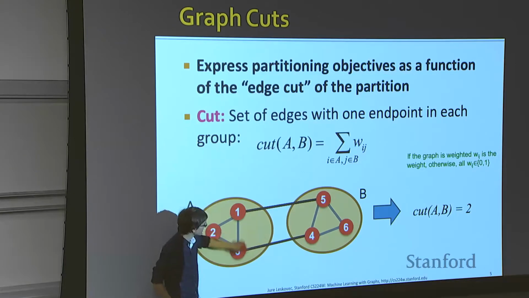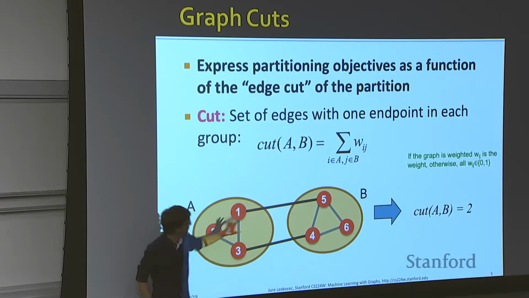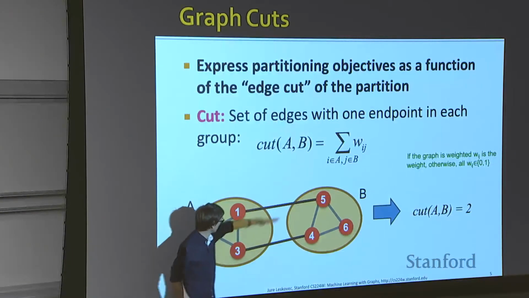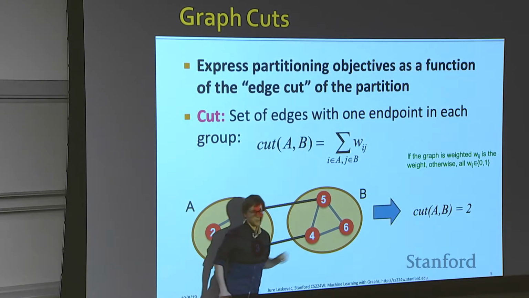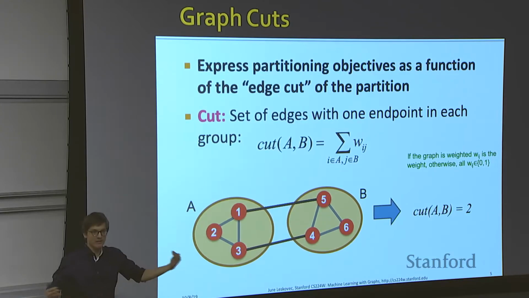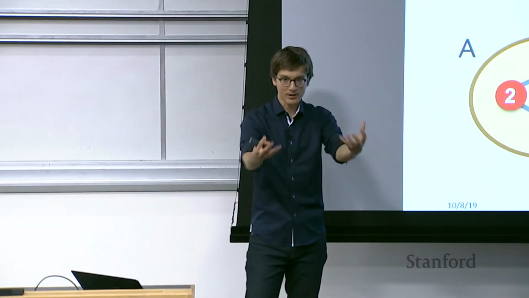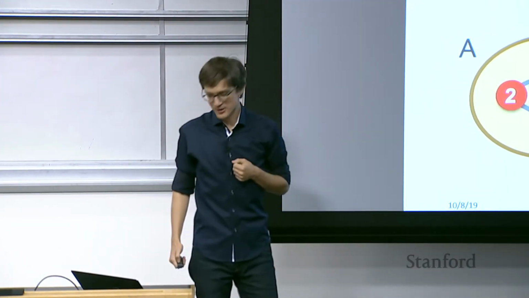In this case, the edge cut for this particular partitioning would be equal to 2, because there are 2 edges where one endpoint is in one set and the other endpoint is in the other set. Intuitively, we are asking how many edges I have to cut to get these two sets.